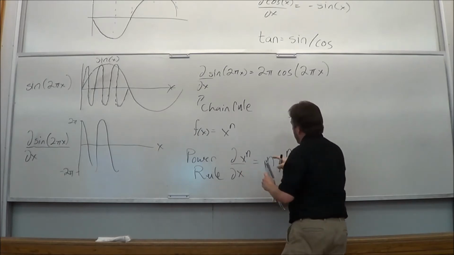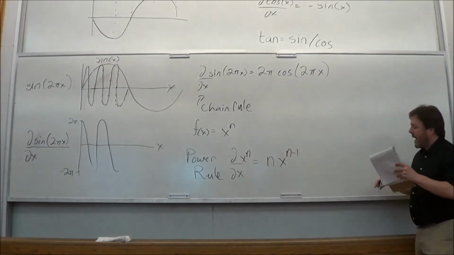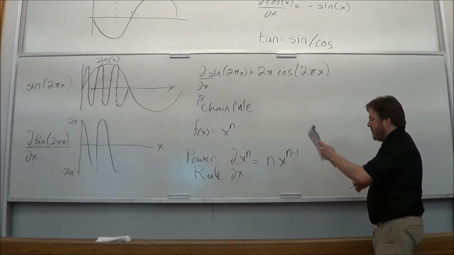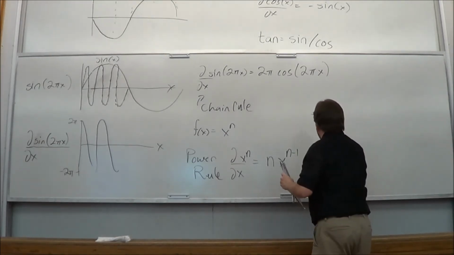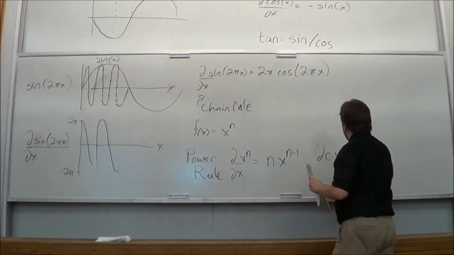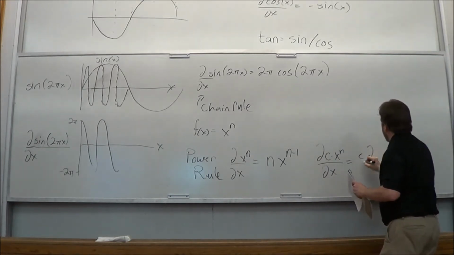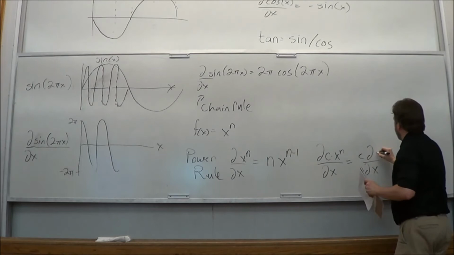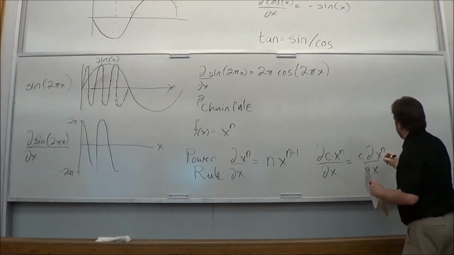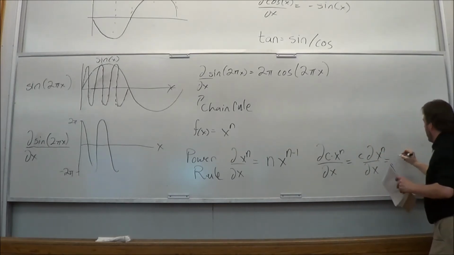You just got to remember, you bring down the exponent and then subtract 1 from the top, and don't forget that if you have a constant times the function, you just bring that on the outside because it doesn't matter. Remember, it affects the slope, just like what I just drew affects the slope.